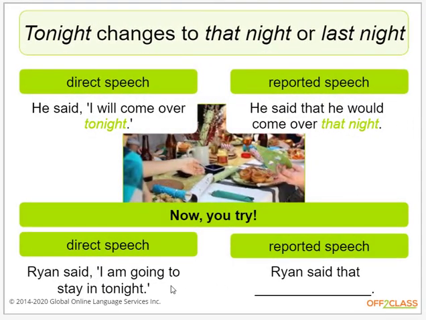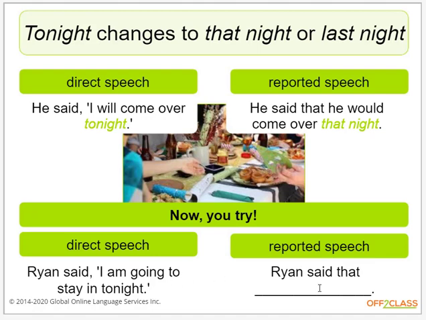Tonight changes to that night or last night, right? So direct speech: He said, I will come over tonight. Reported speech: He said that he would come over that night. And again, just like before, when we're talking about today, because we're talking about tonight, we can talk about the specific day as well. Ryan said, I'm going to stay in tonight.